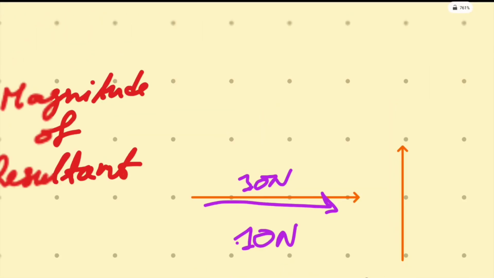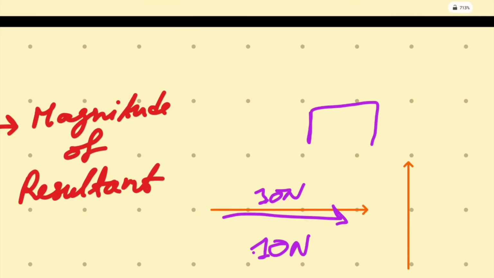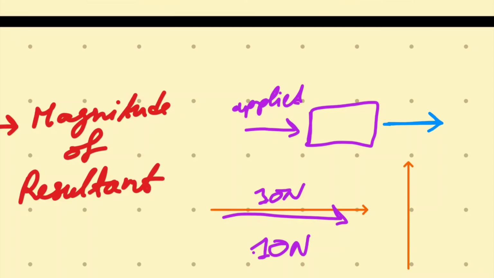Now, when we apply a force on an object, this is the applied force. It's not necessary that all the force we apply will be acting on the object. Let's say this blue line is the force acting.